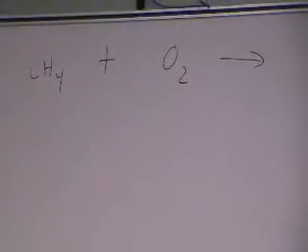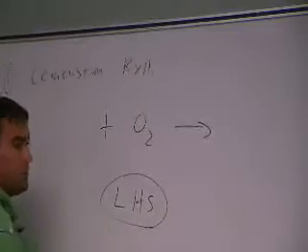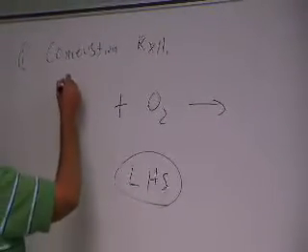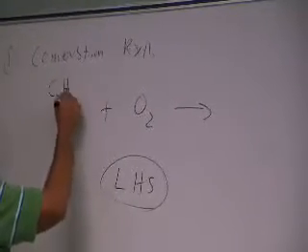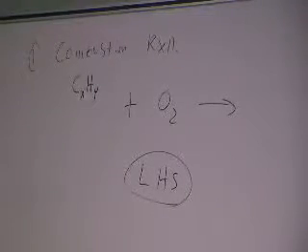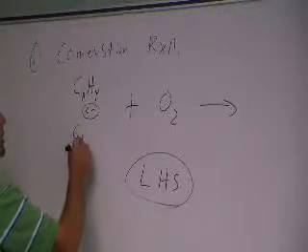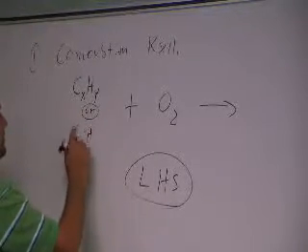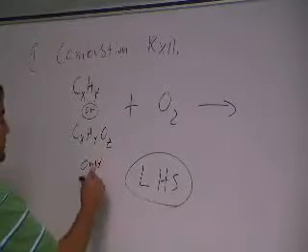First off, let me say a word about this. There will always be an O2 on the left-hand side of the chemical equation, and there will always be something that contains carbon and hydrogen only, and it does not matter how many carbons or hydrogens it contains. Or it contains carbon, hydrogen, and oxygen only.